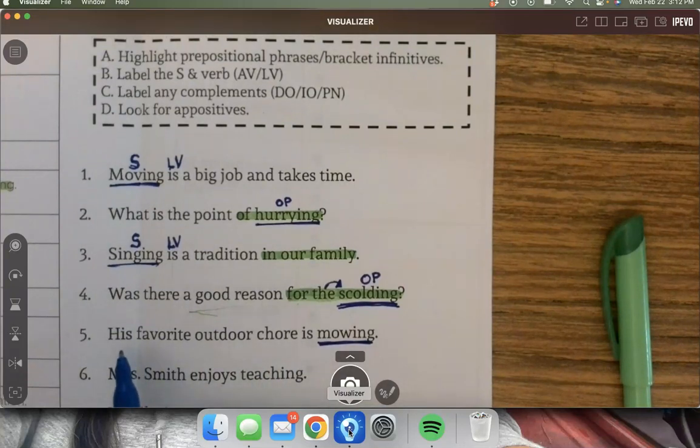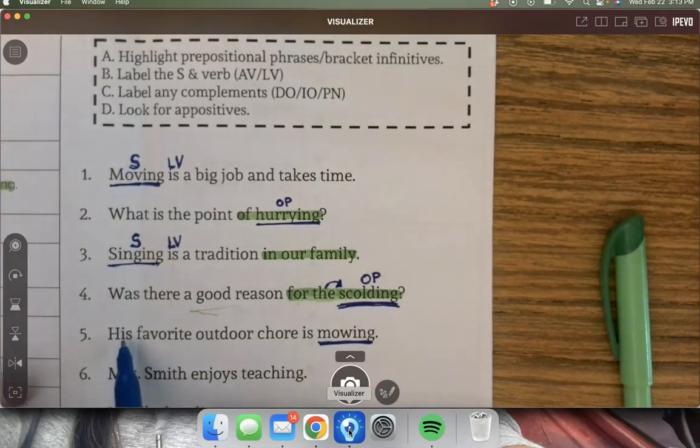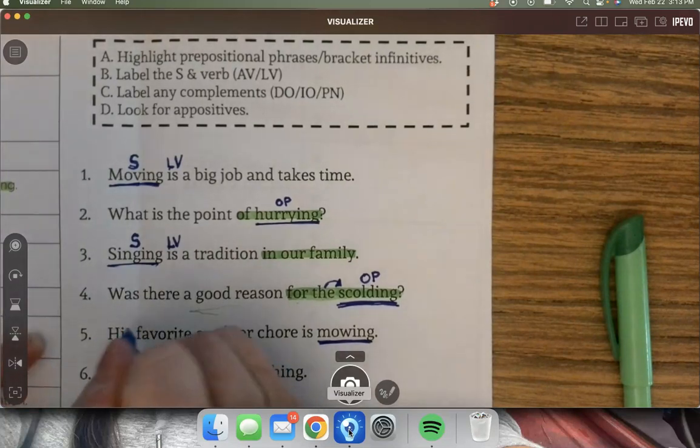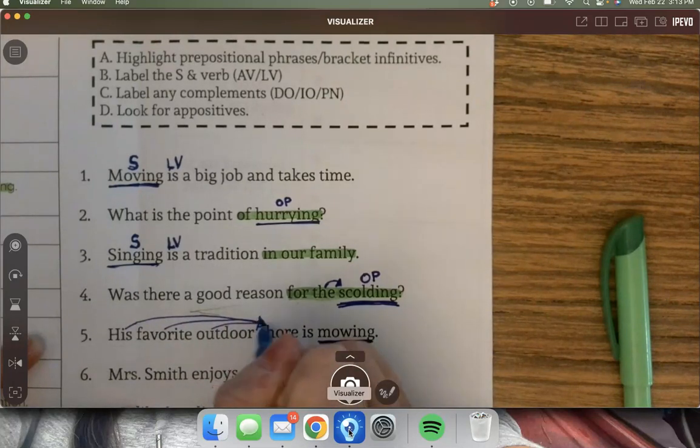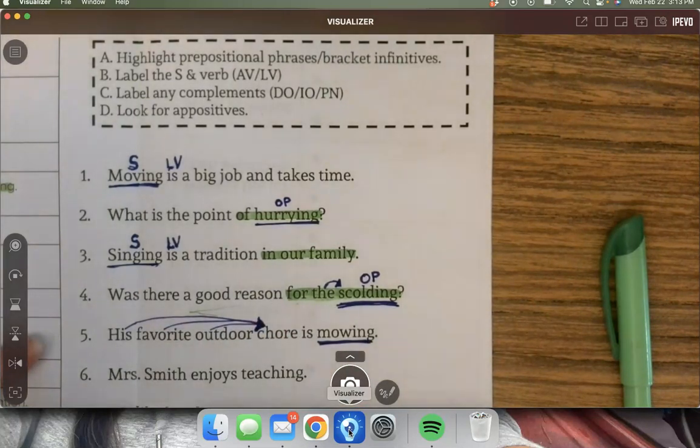This time I'm going to look. A lot of people have been wanting to label the very first word as the subject, but his is a possessive pronoun. His what? His chore, favorite chore, outdoor chore. So it looks like my subject here is chore.